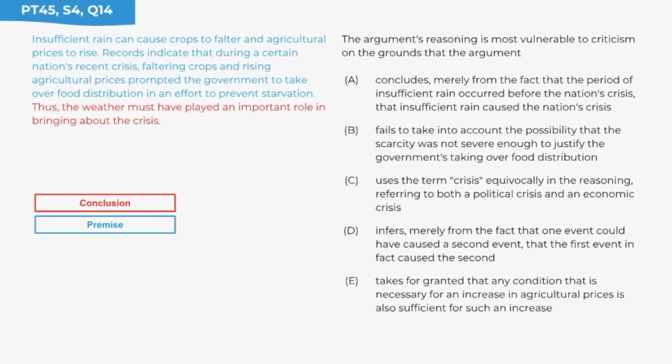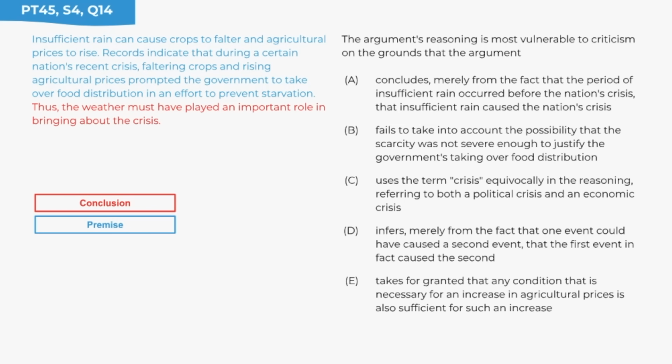But in the evidence, we have records indicating that during a certain nation's recent crisis, they had these faltering crops and rising agricultural prices, but it doesn't actually say anything about the weather in there. If we look at the first sentence, however, it does say insufficient rain, so that's weather, can cause crops to falter and agriculture prices to rise. So at least in the first sentence, we get both of the factors, both the weather and the crisis. And in the conclusion, we get the weather and the crisis, right?